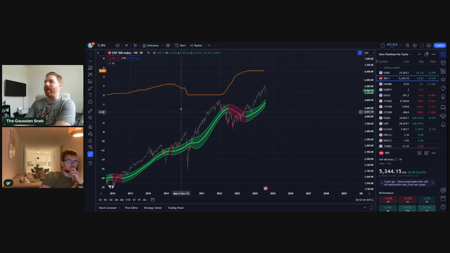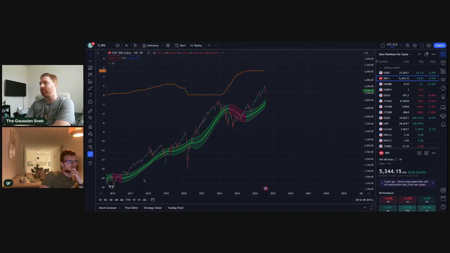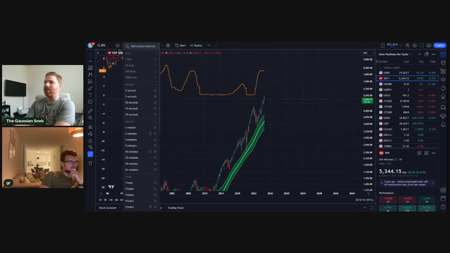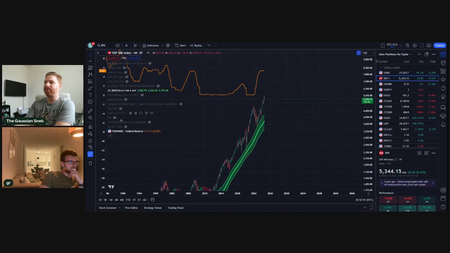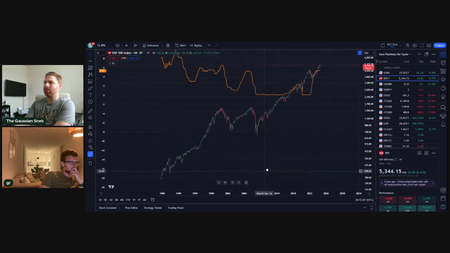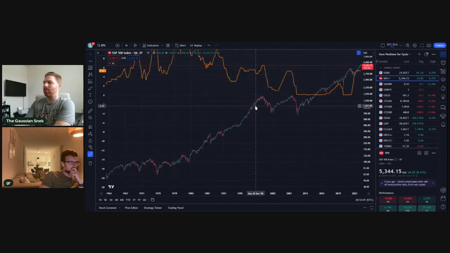But yeah, if you go back with the S&P, we can just turn on monthly candles to simplify this. I'll turn off the Gaussian channel. Rally into rate cuts, dump with rate cuts, right?